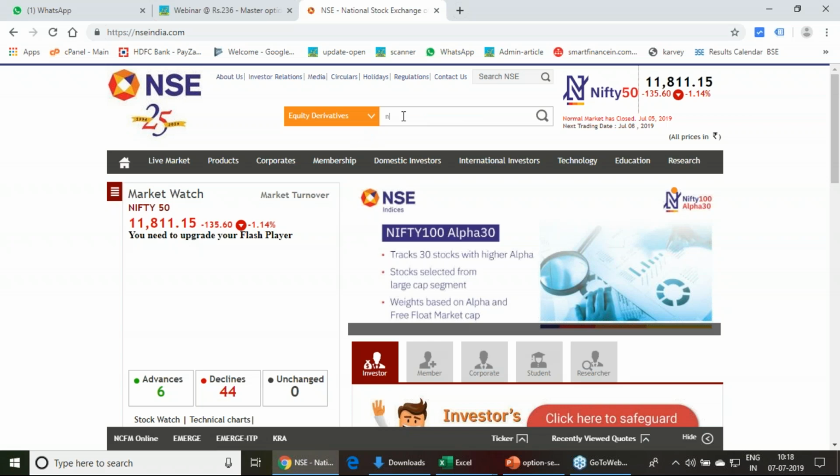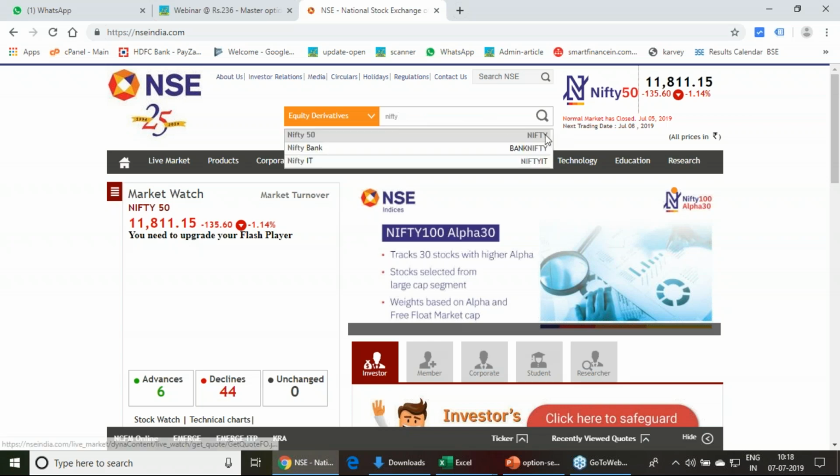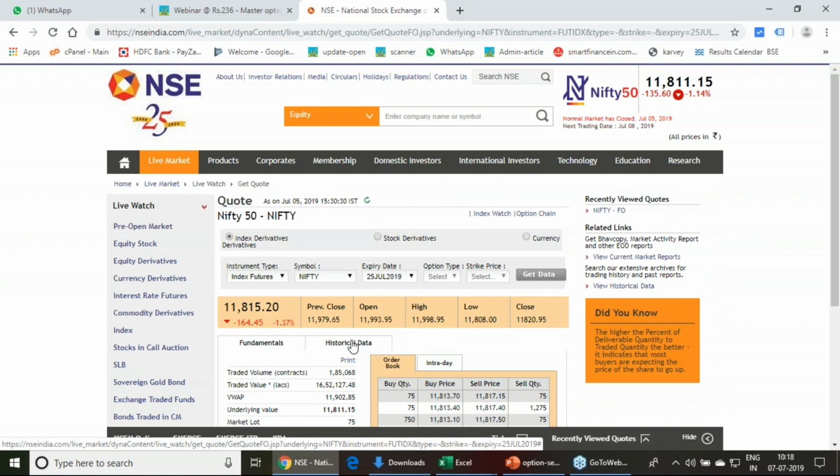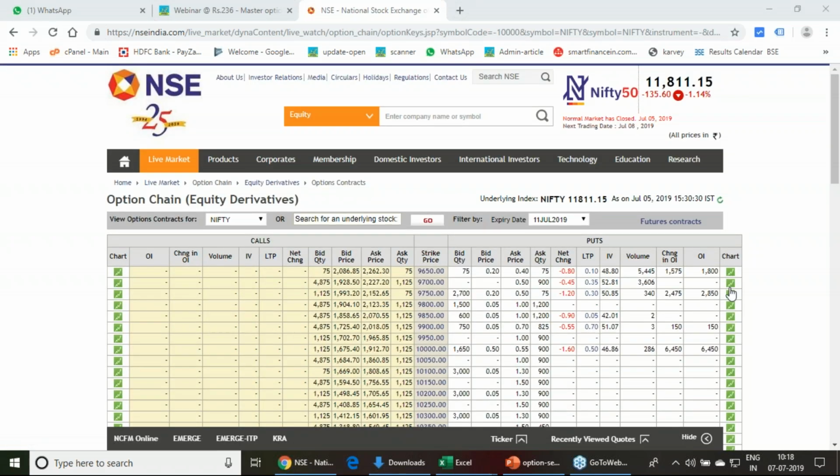Nifty stock options also you can apply in the same way. So here I am going for the option strategy, and Mehulji, if you want, you can take put options.